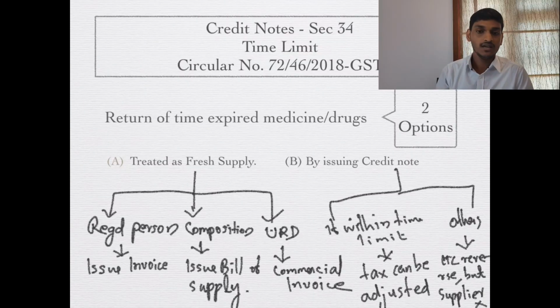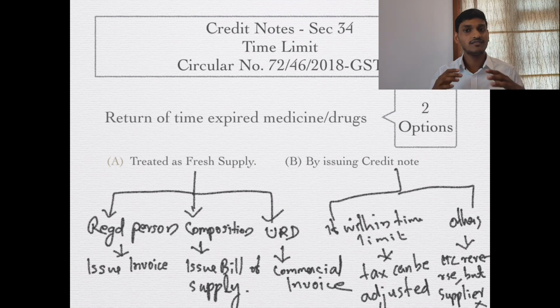Now there is an important circular number 72/46/2018, which clarifies or which gives a benefit to the medicine or pharmaceutical industry. In the pharmaceutical industry, generally goods like drugs or medicines are time expiring goods, right?